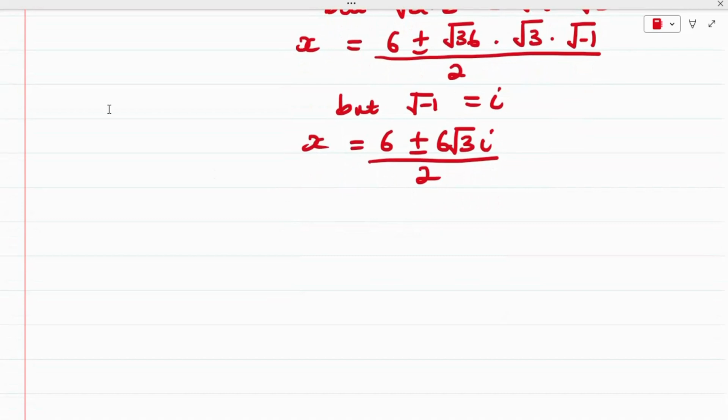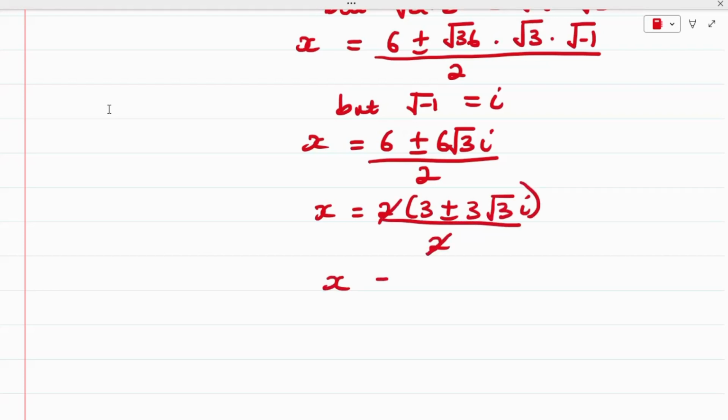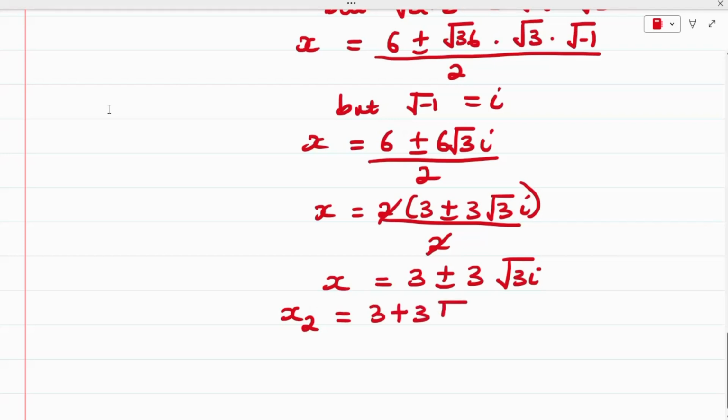If we factor out 2, we have x = (3 ± 3√3 i) / 2... and cancelling out the 2, we have x = 3 ± 3√3 i. So x2 = 3 + 3√3 i, and x3 = 3 - 3√3 i. This is the second and third value of x.